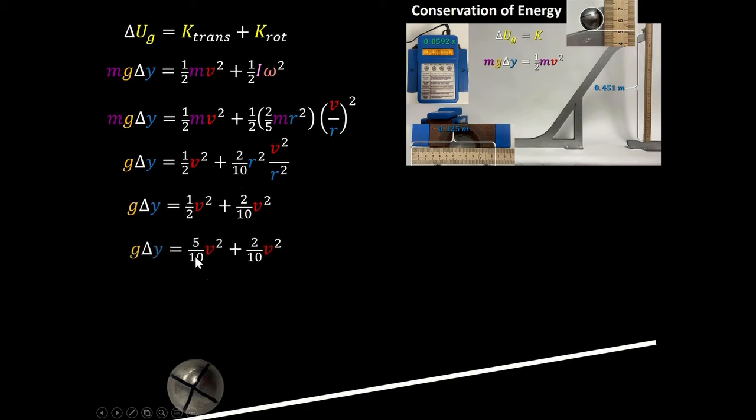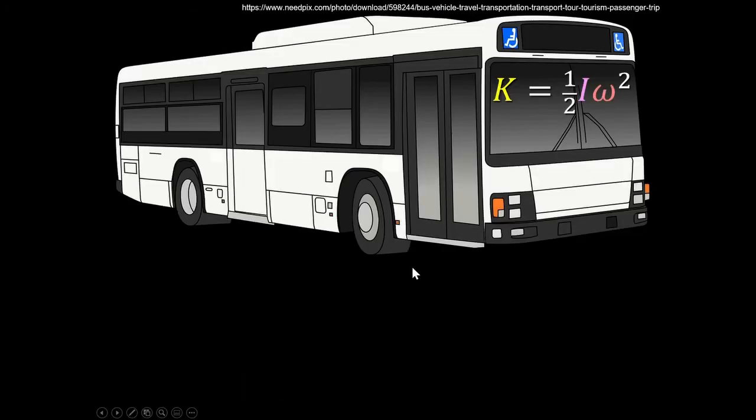So 1/2 is 5/10, and 5/10 plus 2/10 is 7/10. Then I would multiply both sides by the reciprocal of that, and then take the square root, and that's how fast the ball really should be going if it didn't skid and slide here. And I guess maybe if we did it in a vacuum so there was no air resistance. But again, I don't think air resistance is a big factor because it's not moving that fast. The faster it goes, the more air resistance there is.